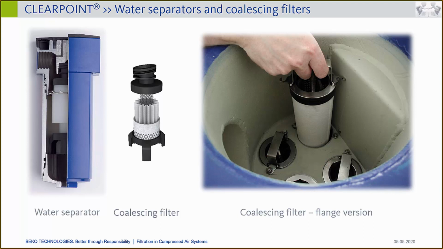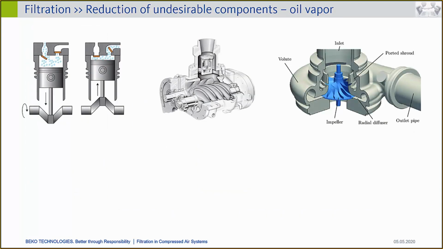But there's also more than the particles and aerosols which come from the ambient. Also, the compressors have an influence on the contamination in compressed air itself. And it's no matter if we have piston type compressors, screw type, or turbo compressors involved here in the process.